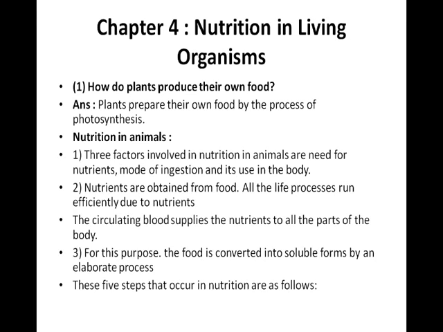Nutrients are obtained from food. All the life processes run efficiently due to the nutrients. Why do we eat food? We eat food to obtain nutrition that helps our body in growth and development. Why are nutrients very important for our body?